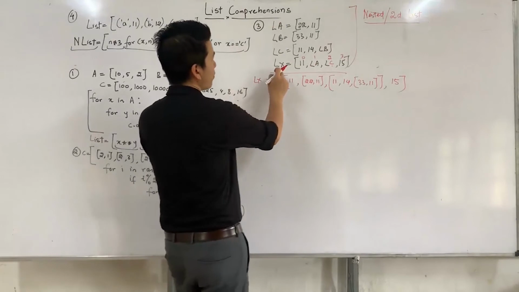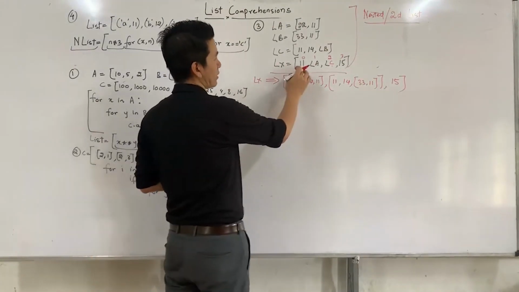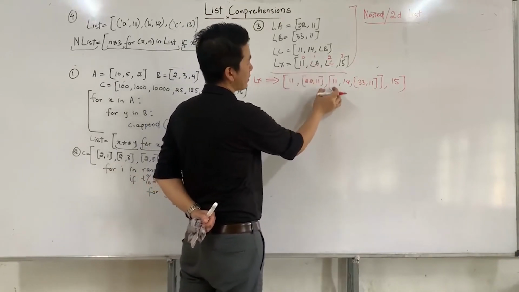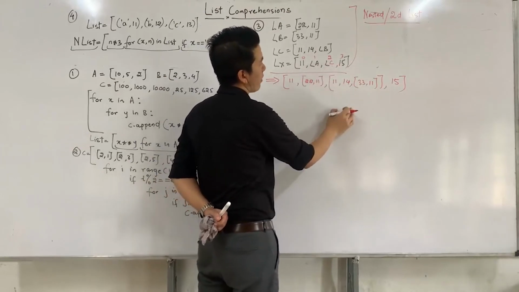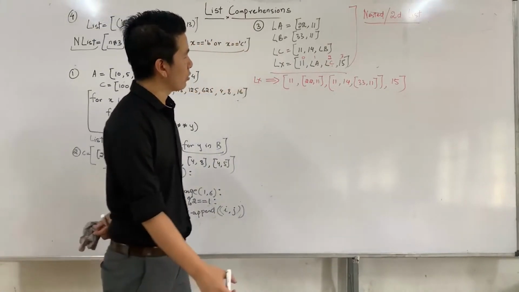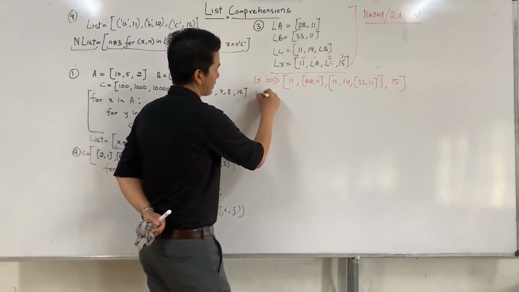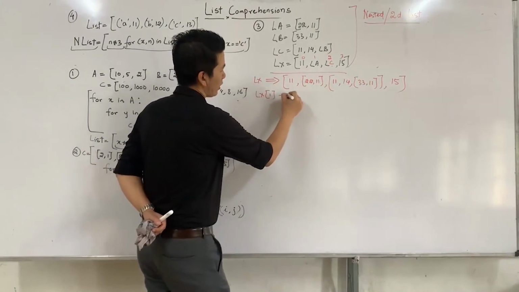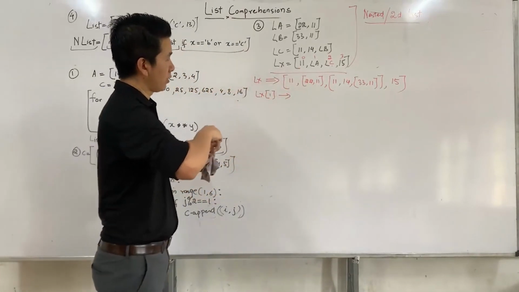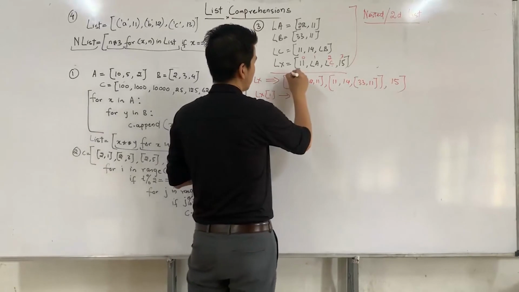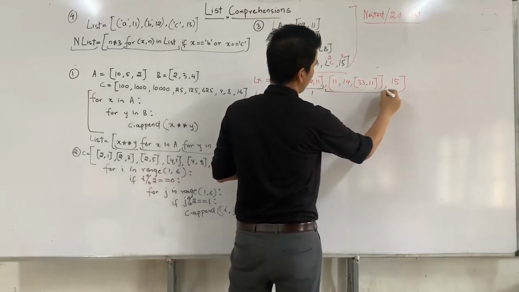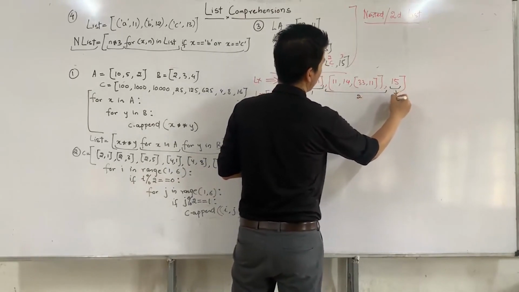So basically, if you print the content of LX, you will see something like this. This is what LA represents. This as a whole is what LC represents. But in LC, I have the LB. So LB will have 33, 11, and then finally you have the 15. So this will be index 0, this will be 1, this will be 2, and finally this will be 3.